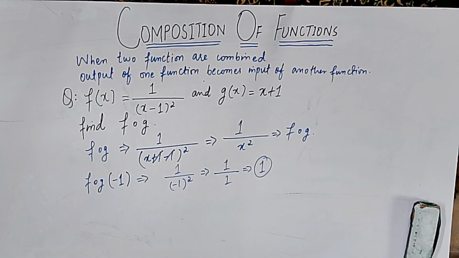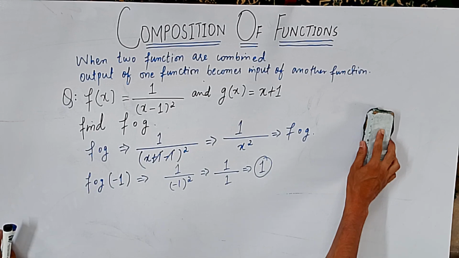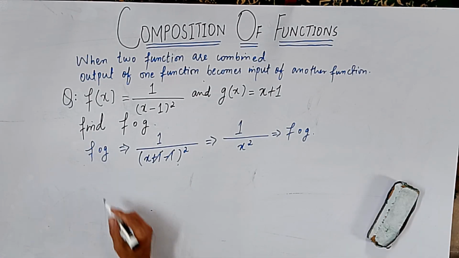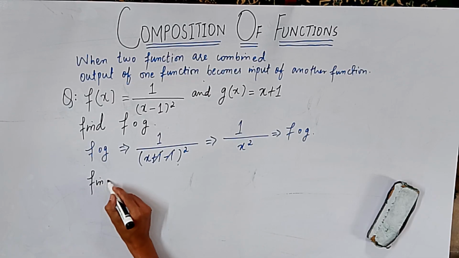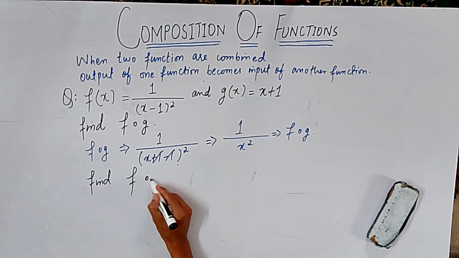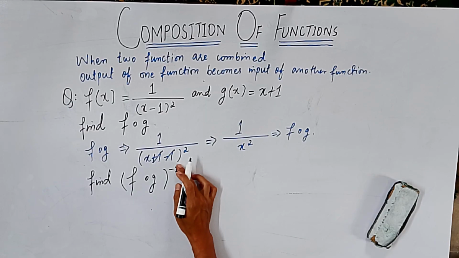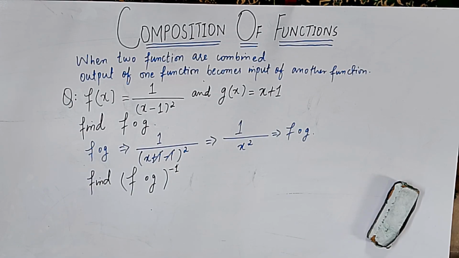Now the interesting thing over here is, what if it is written that find (f of g) inverse of x? If you remember, we have already done this particular concept, inverse of a function.